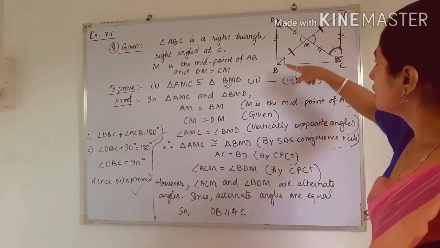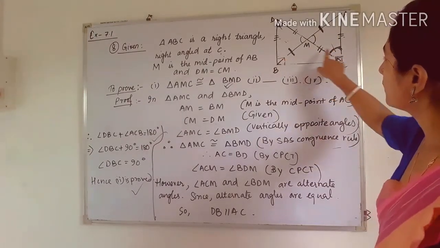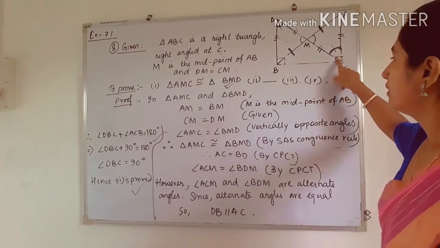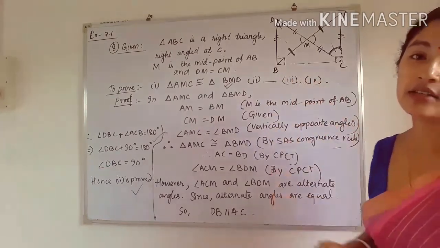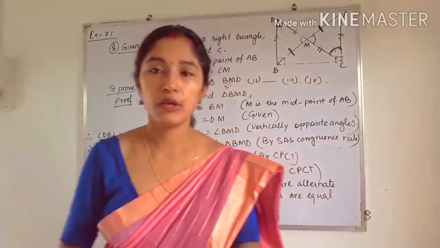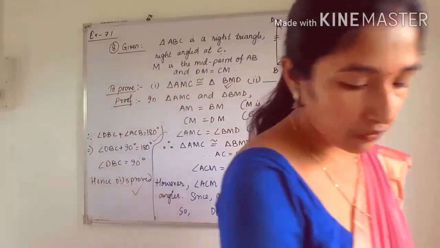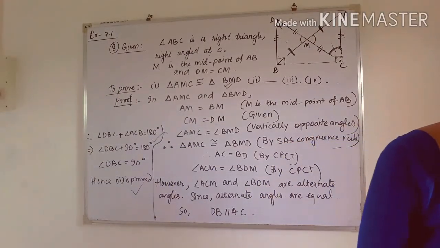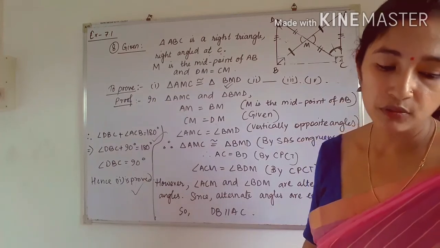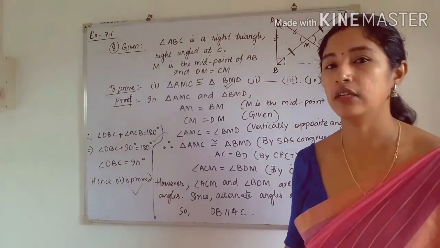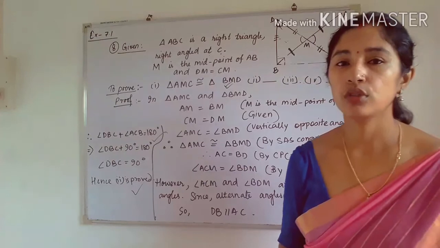Next, in these two triangles this angle and this angle will be 90, and the third side will be BC, the common side. So by SAS congruence rule, both the triangles will be congruent. That will be the third proof of this question, and you have to prove that one. The fourth proof you can do by using CPCT. So try to do these two questions.